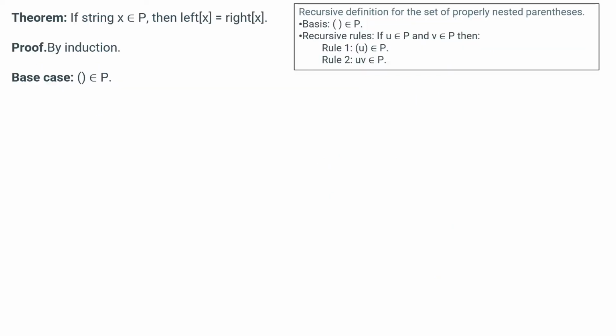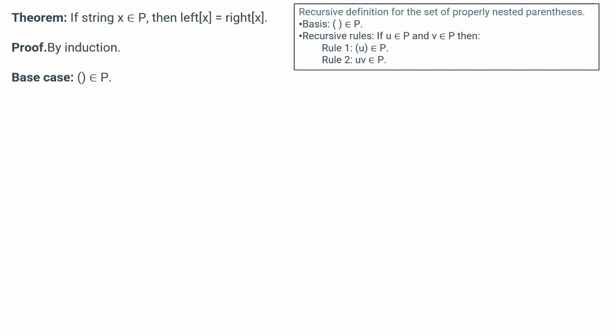So now let's go ahead and prove this. Again, over on the right in the box, remember that's just the recursive definition for that set of properly nested parentheses. Remember, we start with the basis, and then we have 2 rules that we would use in order to get new elements of that set.